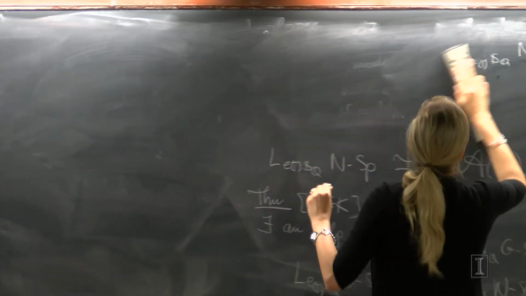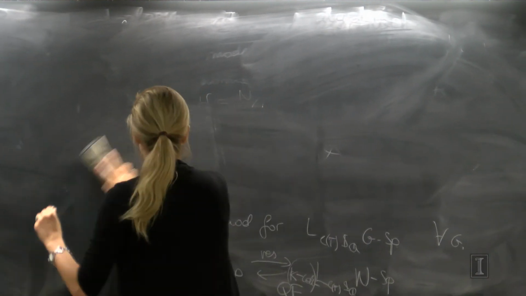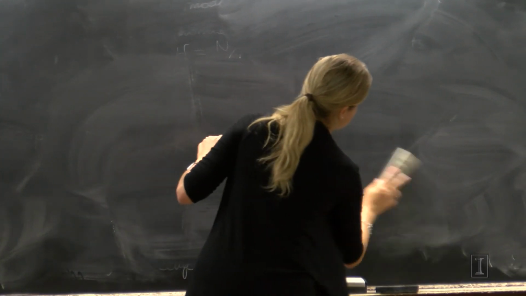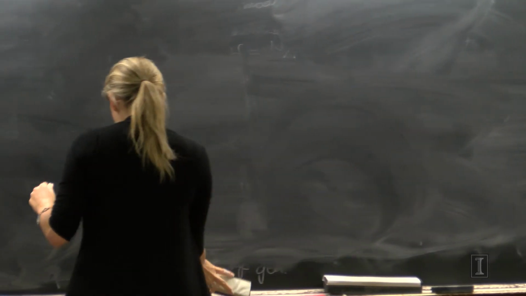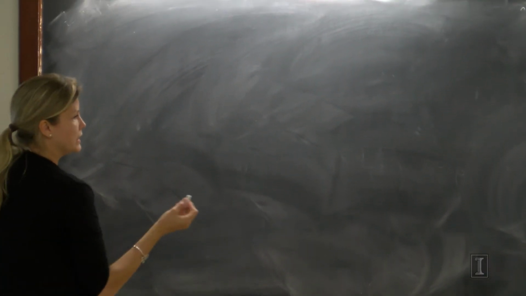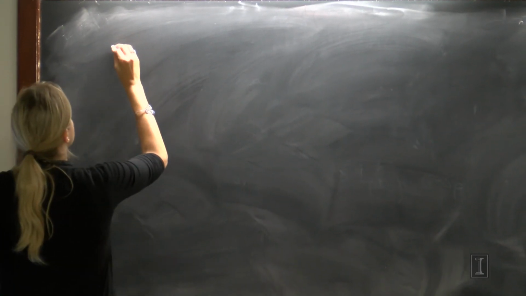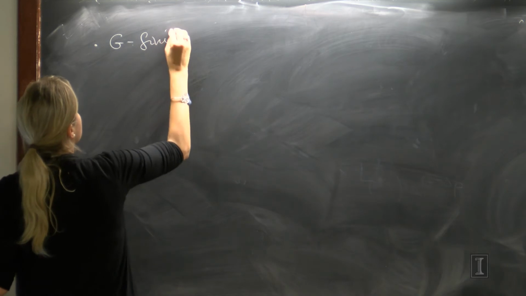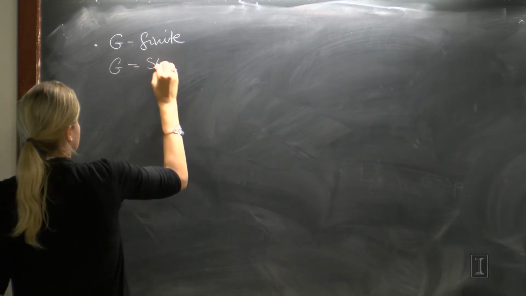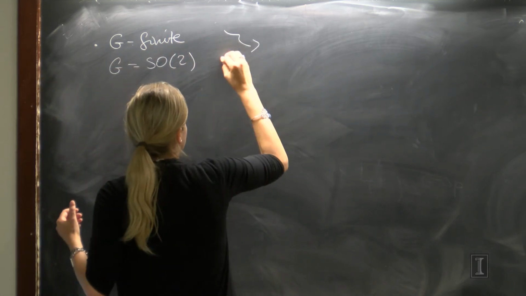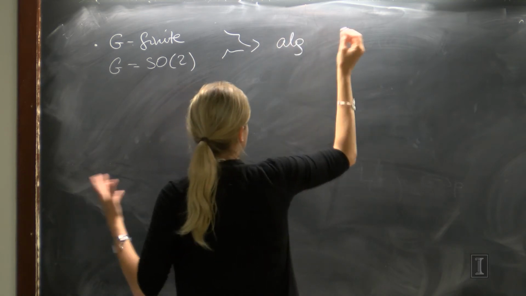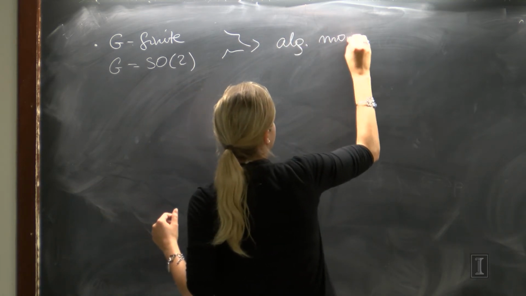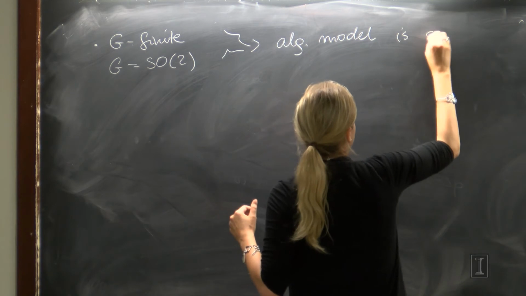So some of you, in the half hour before my talk, were listening about the equivariant operads. So let me link to this a little bit. We do have in 2 situations, where G is finite and where G is SO2, that the algebraic model for those 2 situations is symmetric monoidal.